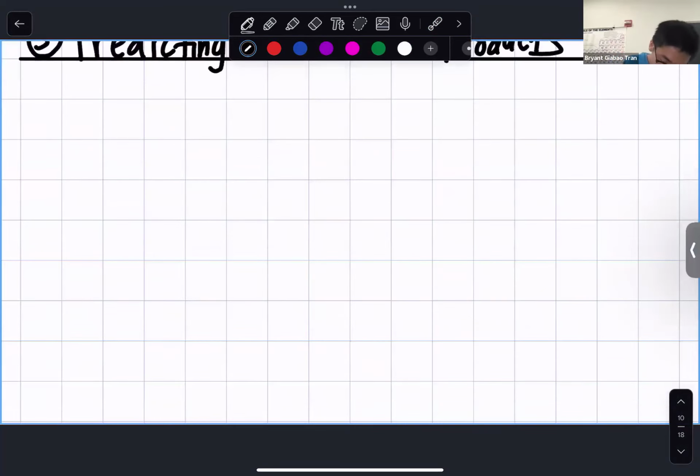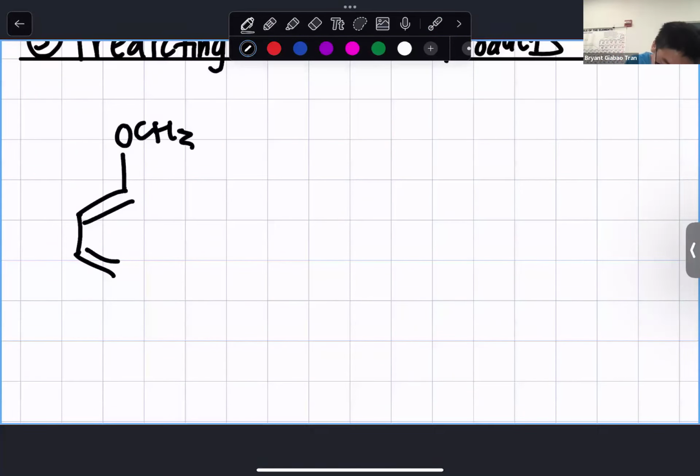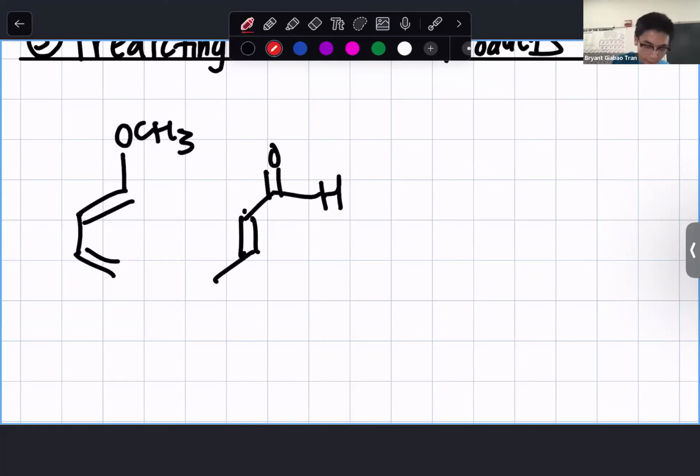So let's say we have this diene with this EDG on it, and this dienophile with this EWG, and also that methyl group right there. We know the charges are going to be aligned because when we draw its resonance structure, this EDG is pushing electrons down onto this carbon, making that carbon partial negative.